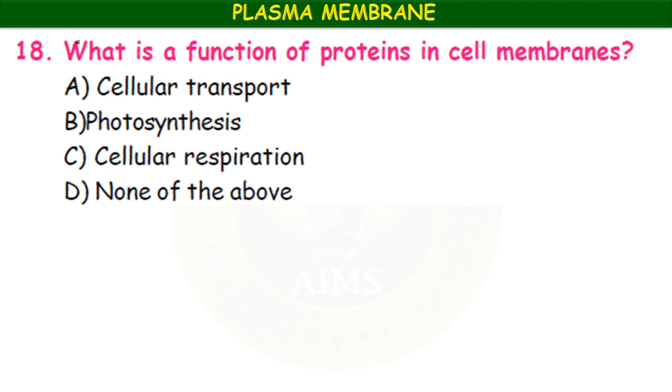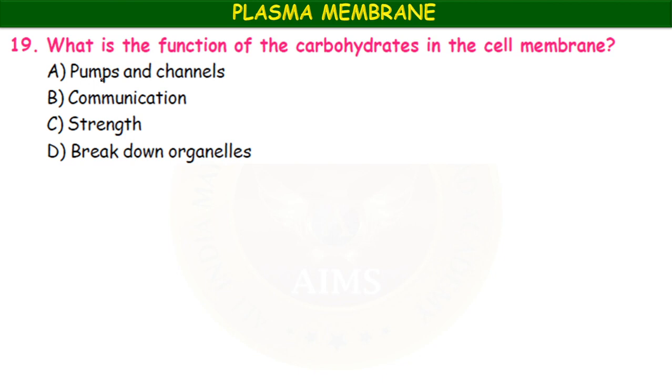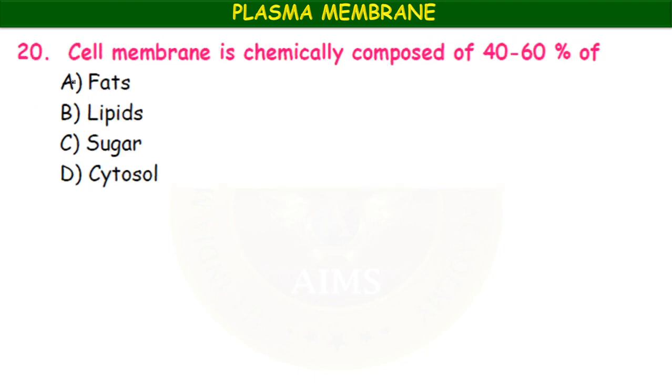The main function of the cell membrane is cellular transport. What is the function of the carbohydrates in the cell membrane? Pumps and channels, communication, strength, breakdown organelles. So carbohydrates in the cell membrane help in communication. The cell membrane is chemically composed of 40 to 60% of fats, lipids, sugars, cytosol. 40 to 60% of lipids.